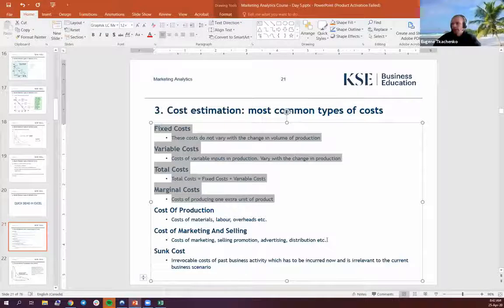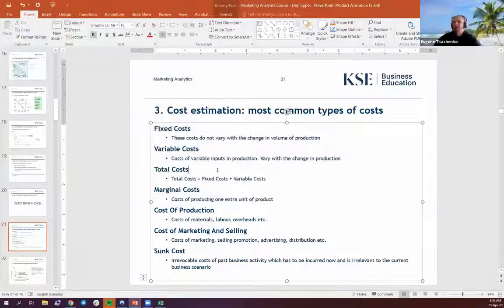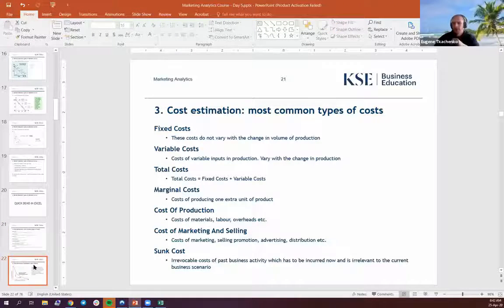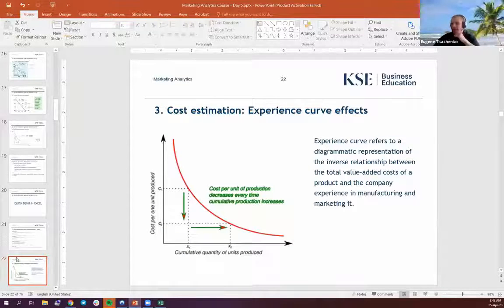Costs of marketing and selling, yeah, you may hear about it a lot, but for your assignments and for everything else, as far as you understand the difference between fixed costs, variable costs, and the way they are defined and somehow correlated, that's fine. That should be more than enough. Because again, it will be a part of our conversation and calculations for coming assignments.